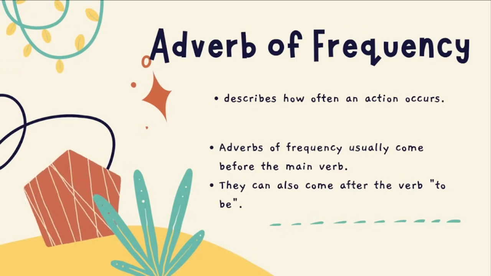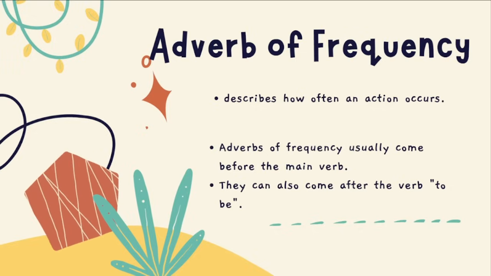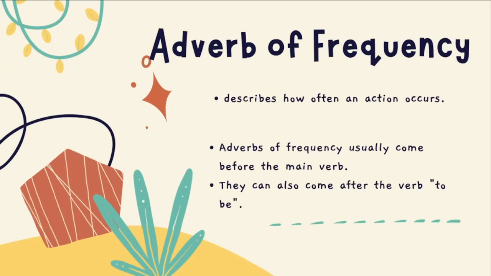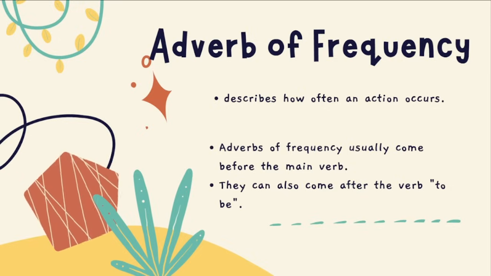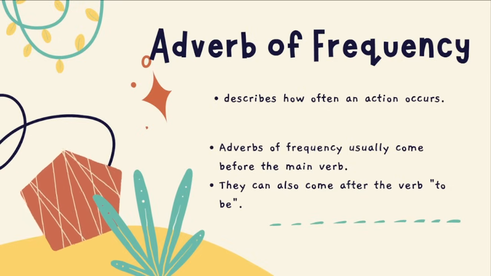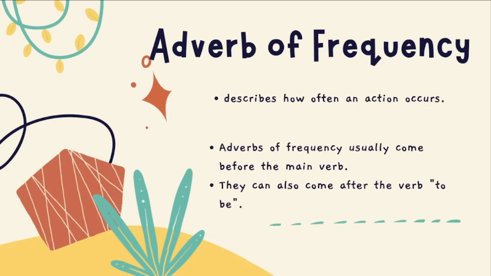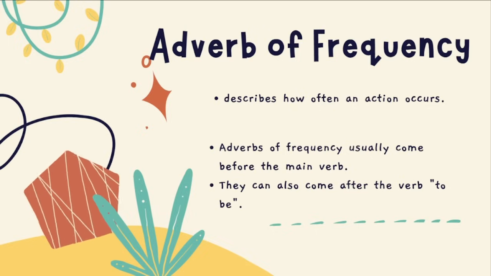So what is the difference of this? The adverb of frequency describes how often an action occurs, and it usually comes before the main verb. They can also come after the verb to be.